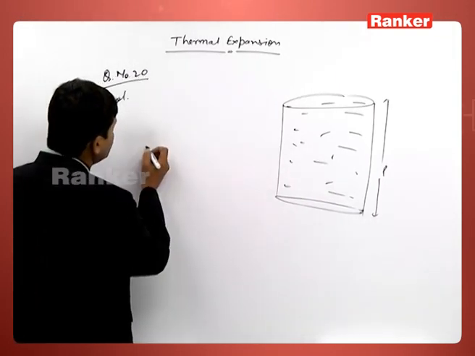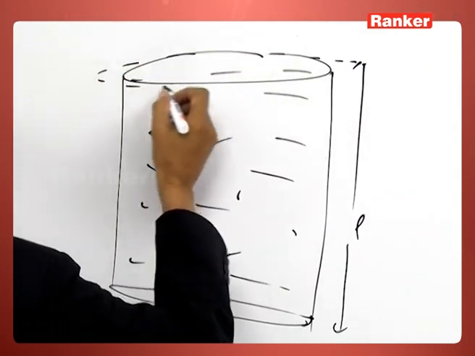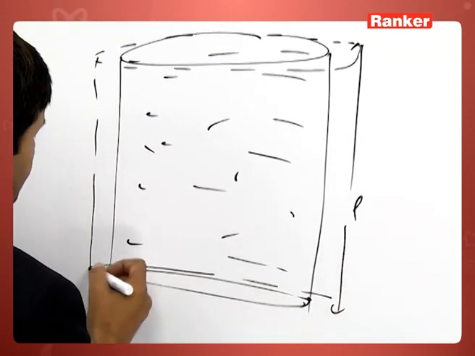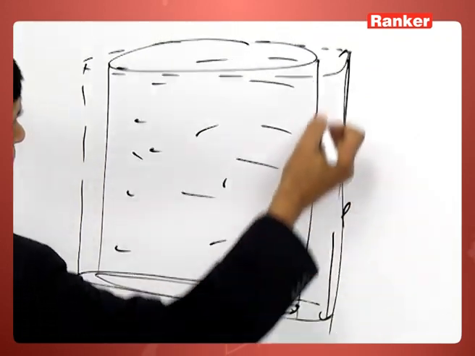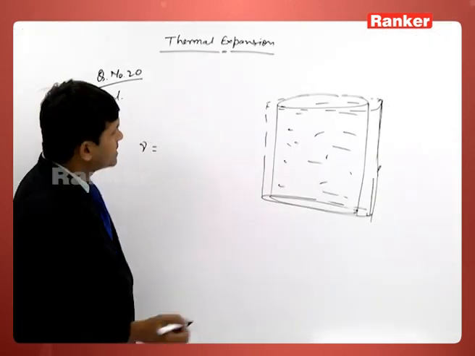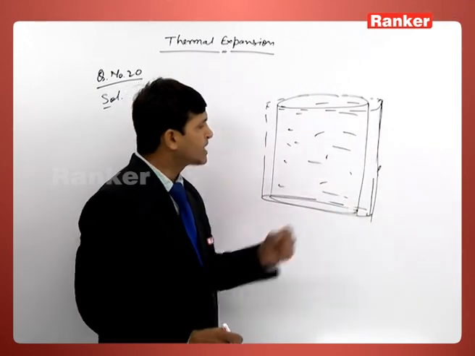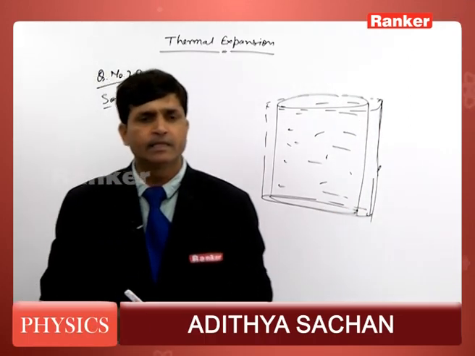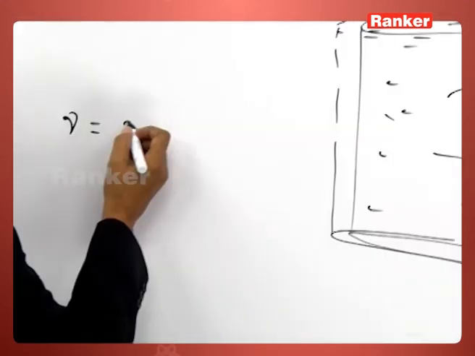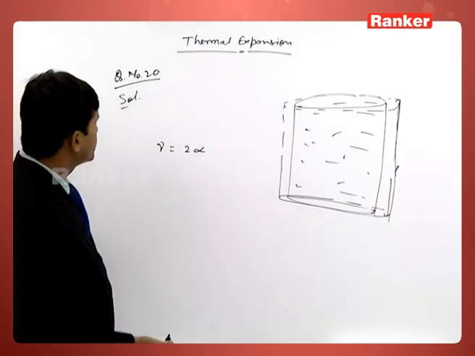So on heating we can say like this. This may be the change here. So whatever change in the volume of liquid and the expansion coefficient of liquid, that will only fill this space, and that space is filled because of the change in the area of cross section. So gamma and surface coefficient must be equal to your 2 alpha. This is the correct option.